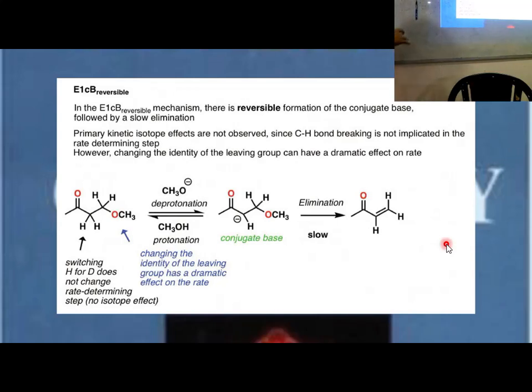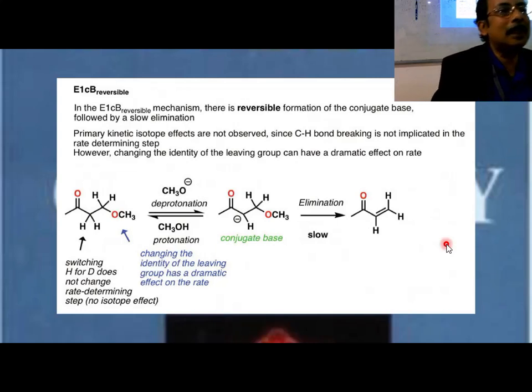X is not removed. So this is called conjugate base of alkyl halide. Conjugate base of the alkyl halide. What is conjugate base? Removal of one H plus from some molecule giving you the conjugate base. So it will come out like this and this will go out like this. You get the double bond.